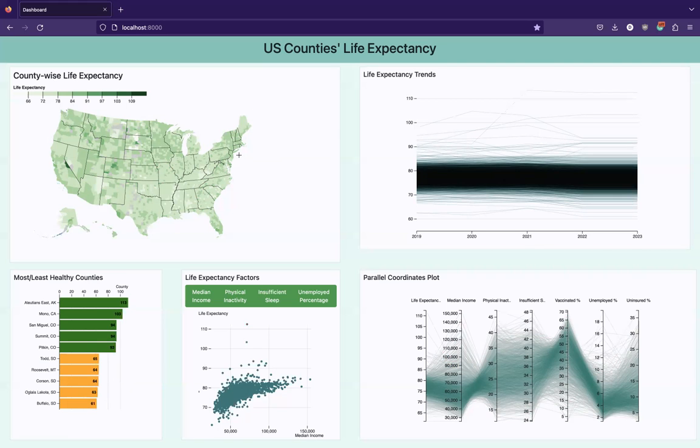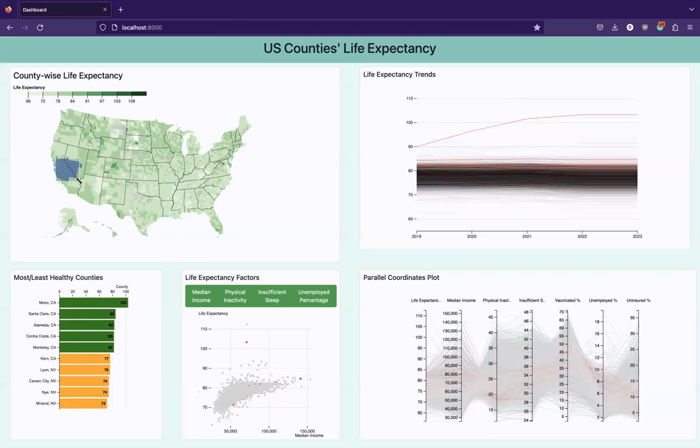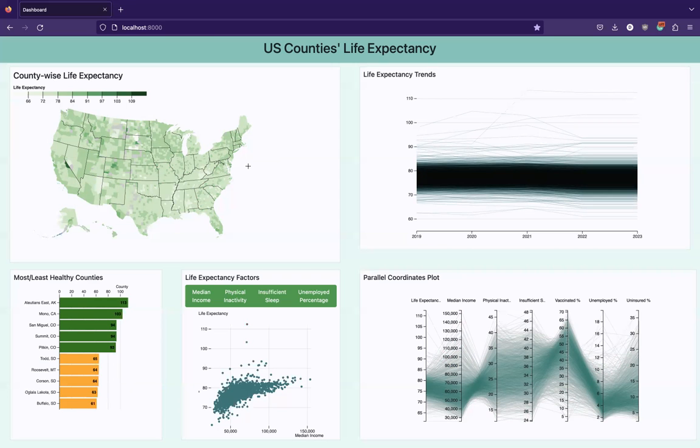But we see some outliers. For example, some of the counties have an increasing life expectancy, and the majority of them have a decreasing life expectancy, or they have kind of maintained the same. This could be attributed to the fact that we had the COVID-19 pandemic, which reduced the overall life expectancies across the whole world. So we could say that due to this, there would be some observations based on this.